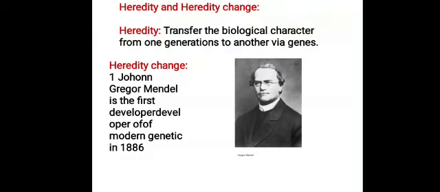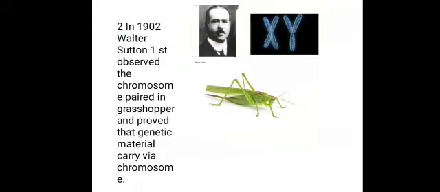Related to Mendel, in 9th standard we also learned the Mendel principle related to plants and related to animals. So this first heredity was found with the help of Mendel. So he is known as the father of modern genetics. Then these genetic changes were further considered in 1902.